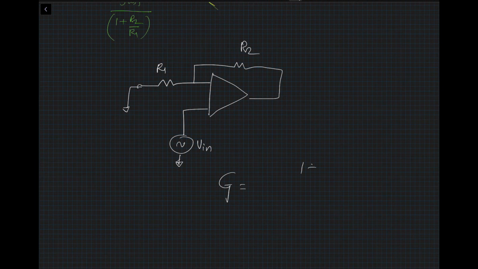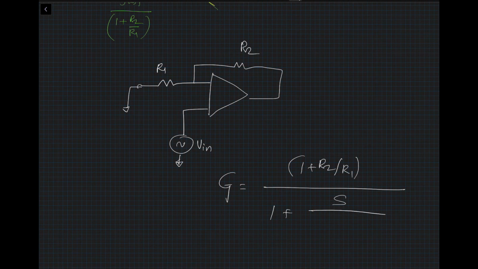You will see 1 plus R2 divided by R1, divided by 1 plus S divided by omega UGF divided by 1 plus R2 divided by R1. Okay. So the difference being this one that shows up here because it's a non-inverting configuration.